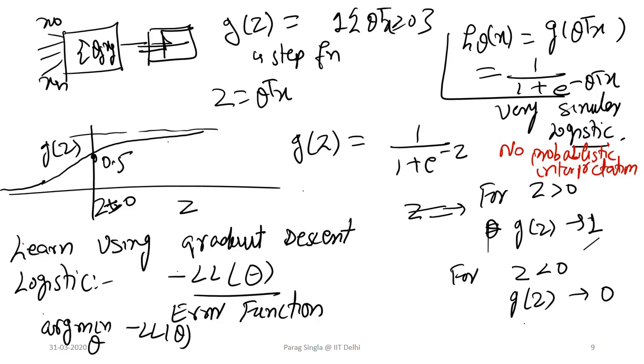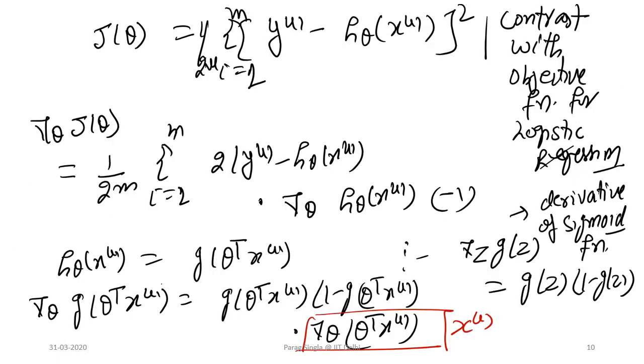But for neural networks, because there is no probabilistic interpretation, we will instead define our error function as simply a squared error, which will be the sum of y i minus h theta of x i, whole square, i equal to 1 to m.